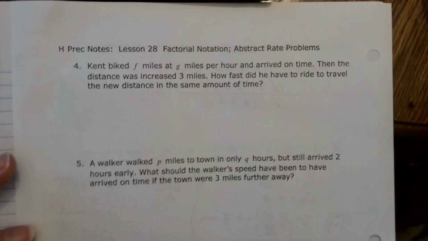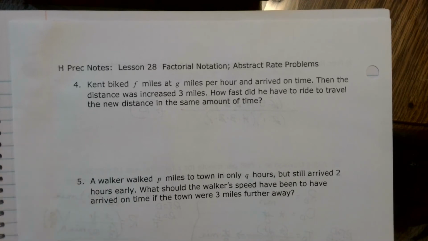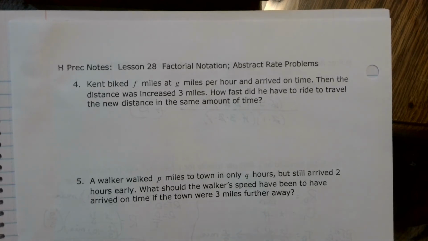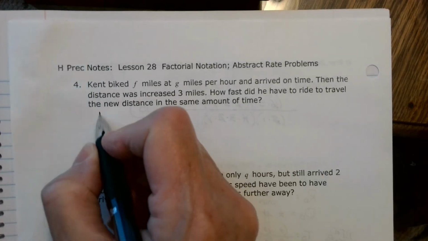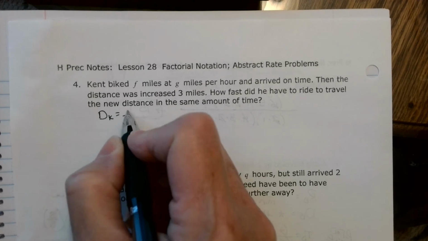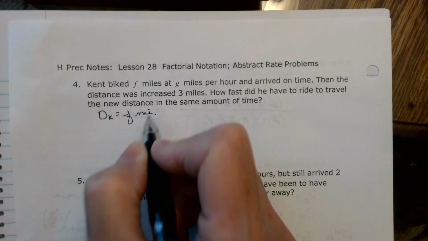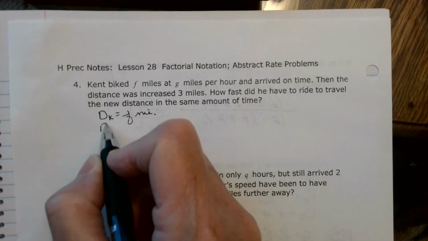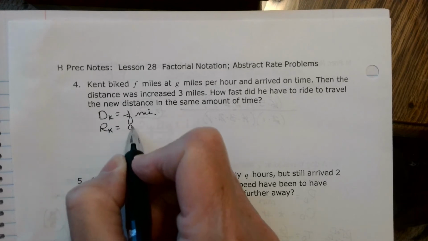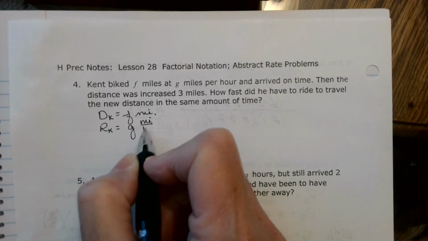Let's do some more. It says Kent biked F miles at G miles per hour and arrived on time. So his distance was F miles. At G miles per hour, his rate was G miles per hour.